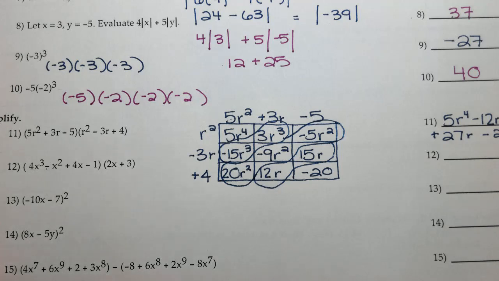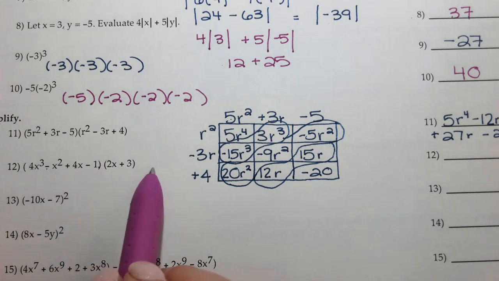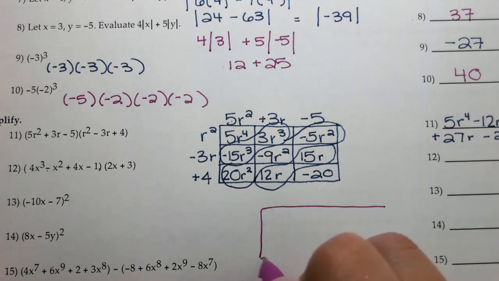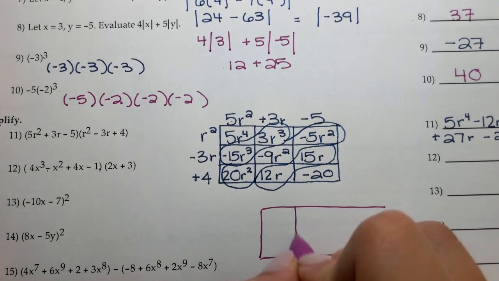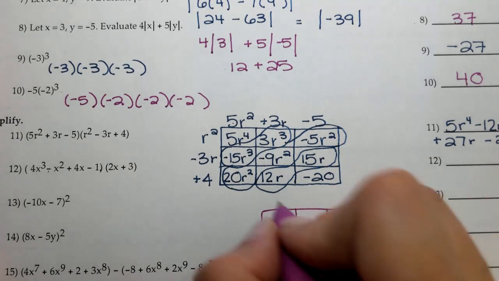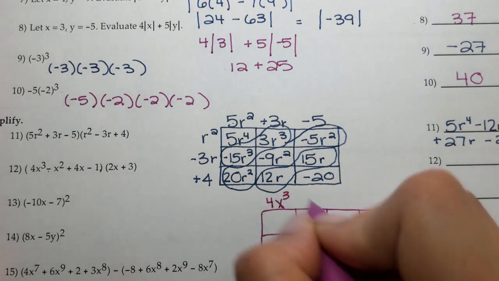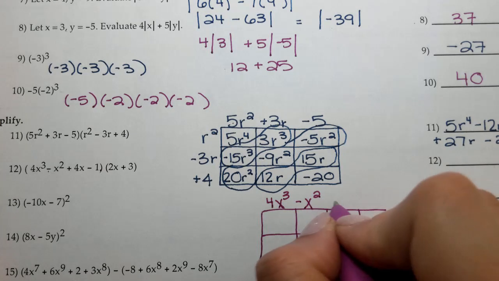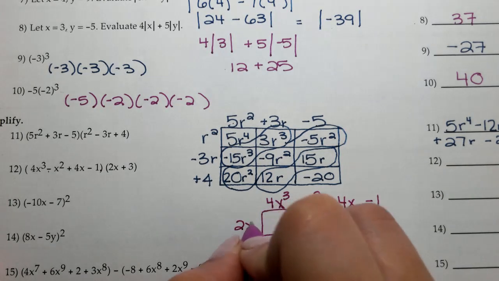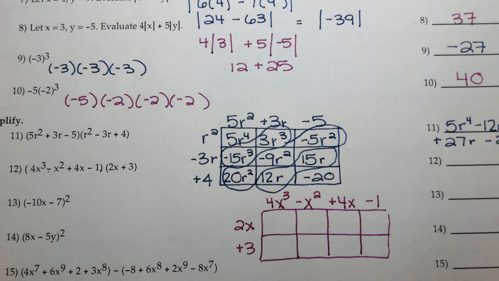Okay, this next one is a polynomial with four terms by two terms. So we have 4x to the 3rd minus x squared plus 4x minus 1 times 2x plus 3.